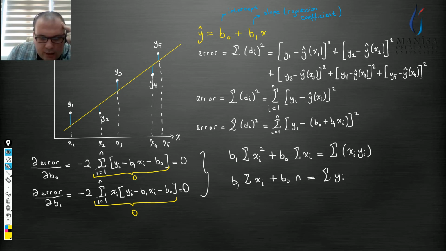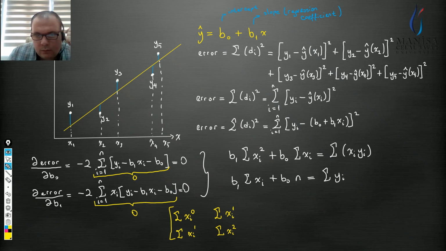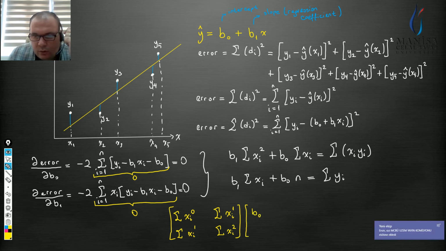We can write this matrix by using the powers of x points, and we will have a vector which includes b0 and b1 equals this matrix.